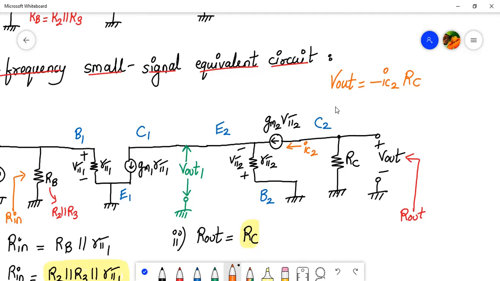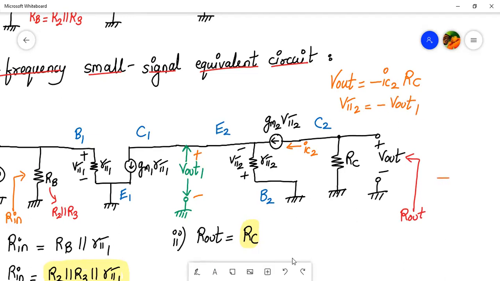And what is V pi 2? V pi 2 is nothing but minus of V out 1. As you can see, V out has plus and minus like this, and this V pi 2 has plus and minus like this. So V pi 2 is in parallel with V out 1, but with the opposite polarity. So V pi 2 is nothing but minus V out 1. Now let us write that systematically somewhere else.